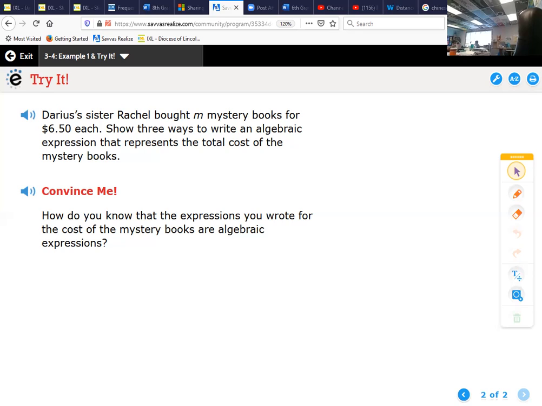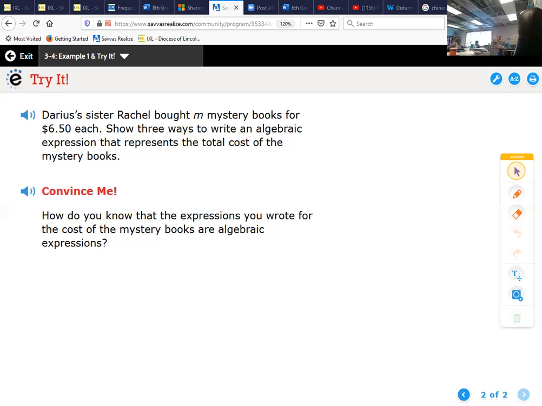Technically, when you're doing the multiplication, the zero goes away. But since we're showing money, I did keep the zero in all of those. How do you know that all four of those are algebraic expressions? What important thing do they have, Lucy?